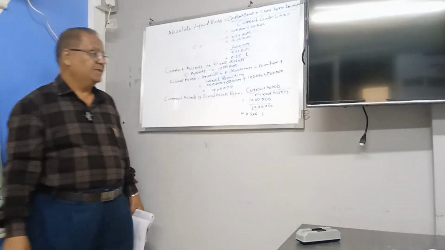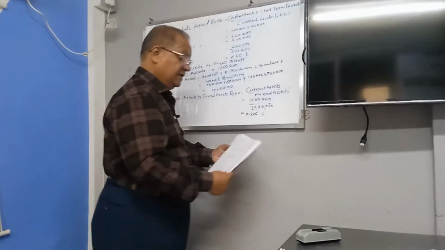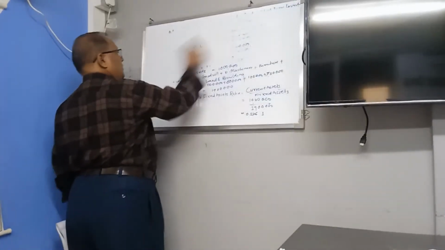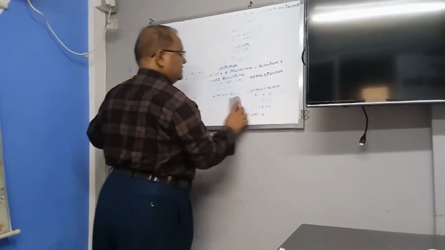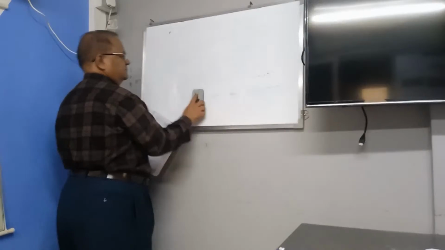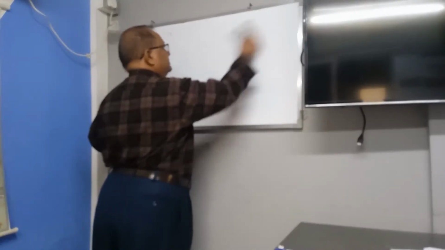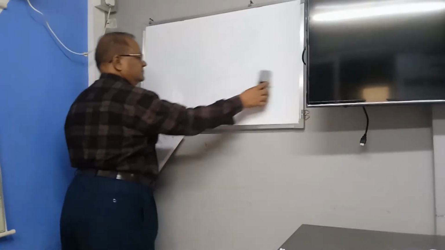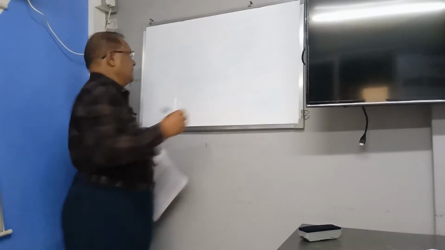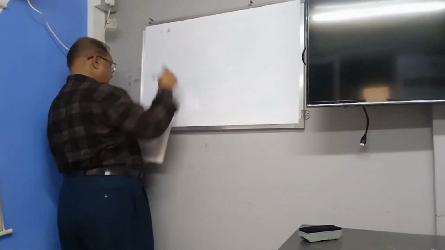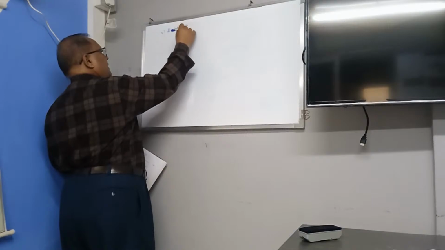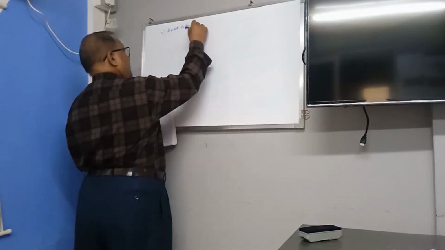Correct. Now, another ratio they asked to find, the debt equity ratio, the fifth ratio they asked us. Just see here, the fifth ratio is the debt to equity ratio.